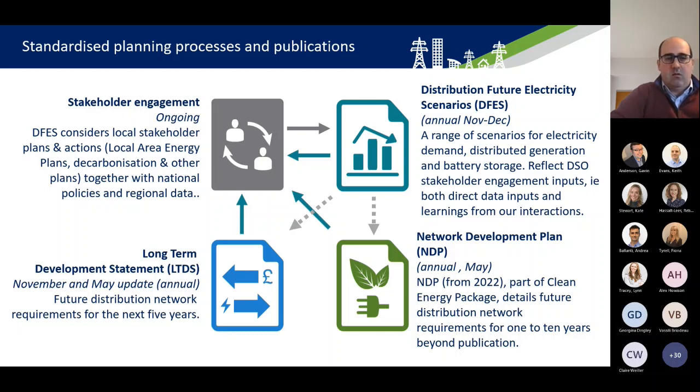So there's information around their plans and connections activity, and all that information from our stakeholders is incorporated into our forecast and planning data. And at the same time, our stakeholders use our forecasts and planning data to inform their plans. So it's really like a cycle, and this is really important, and it helps both sides: for our stakeholders to improve their plans, and from our side to improve the quality of the data that we share with stakeholders.